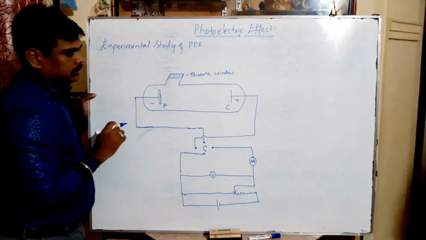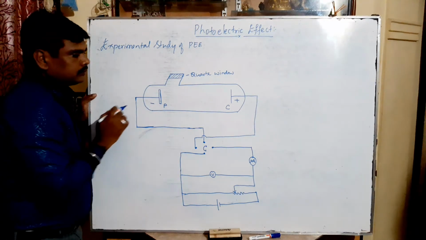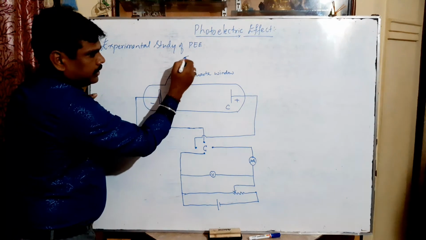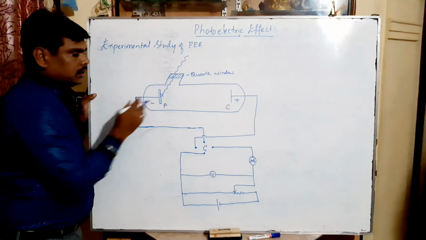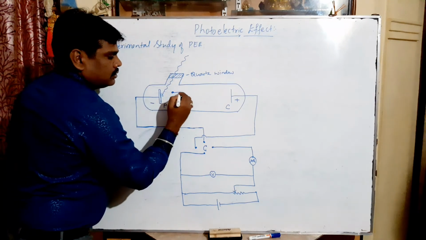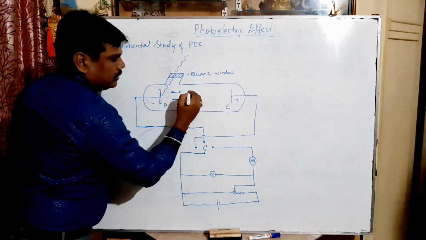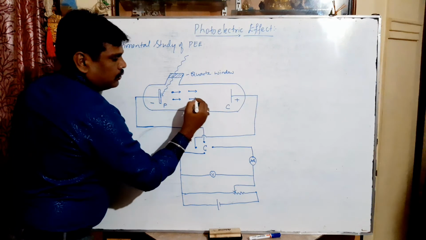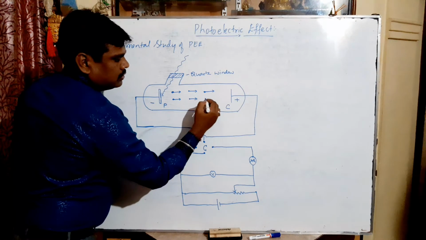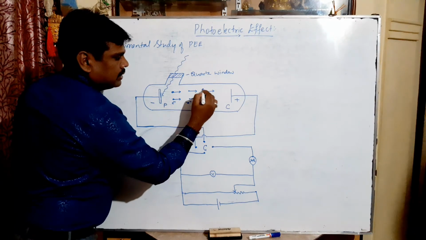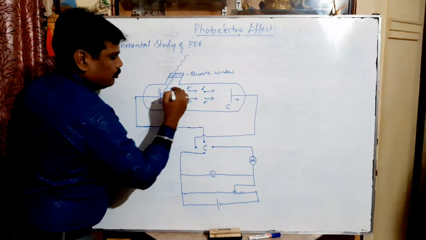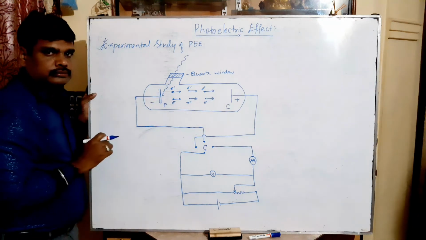Now, in the experiment, when light of suitable frequency is made to be incident on this photosensitive plate, electrons are ejected. That phenomenon is called the photoelectric effect, you know that. Now these electrons start moving towards the collector plate.